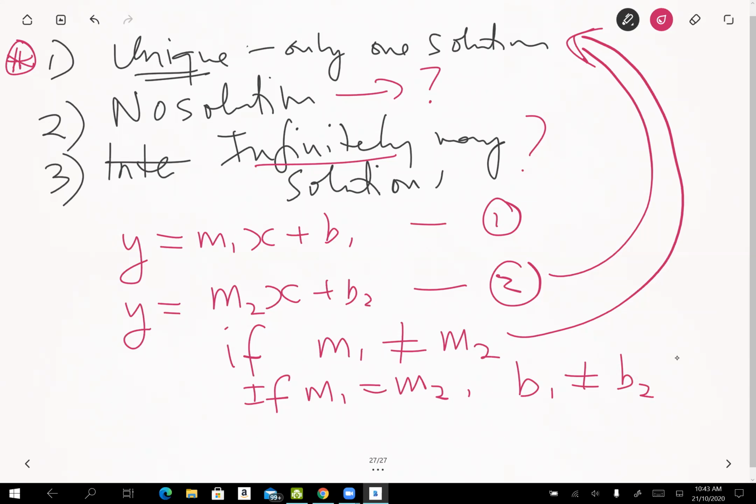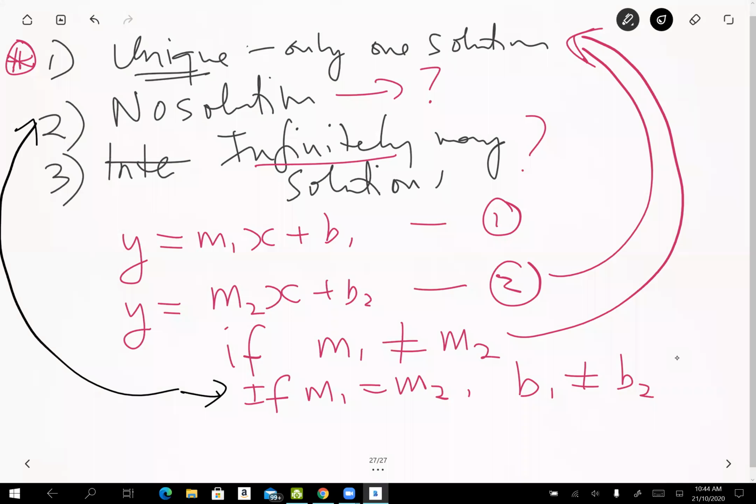So will there be no solution, or will there be infinitely many solutions? There will be no solution, because here you got just parallel lines. The lines are parallel because the intercepts are not equal. So that will be number 2.